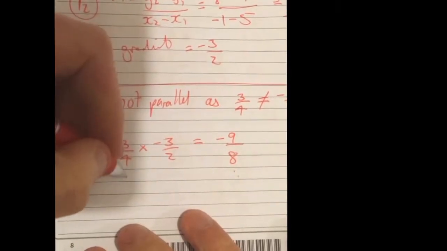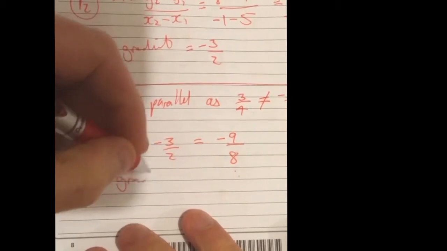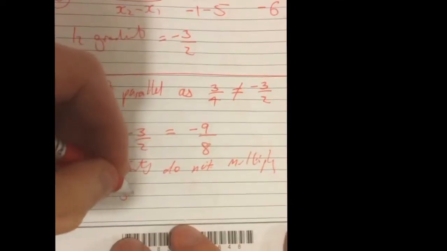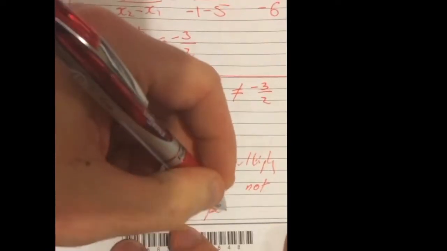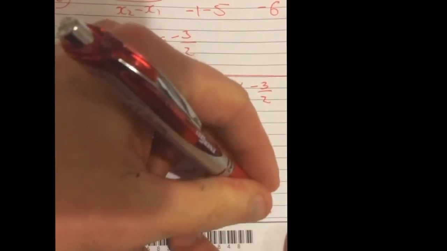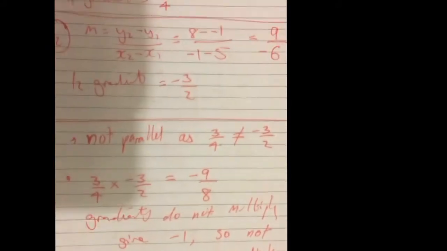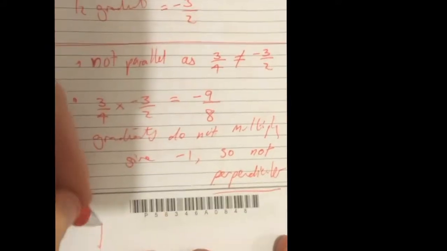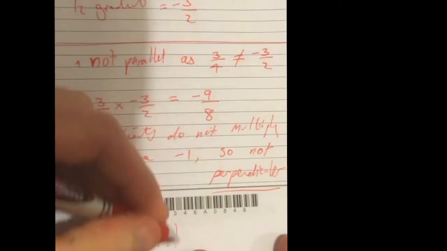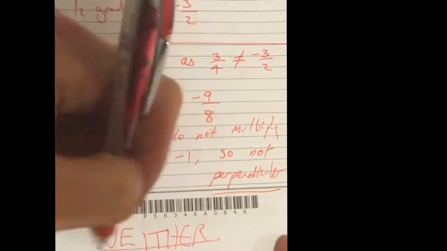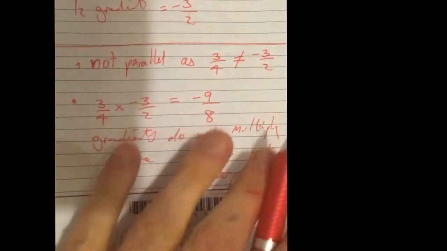So the gradients do not multiply to give minus 1, so not perpendicular. So just to summarize, neither. Preferably write this in the lines if you're doing a real example.